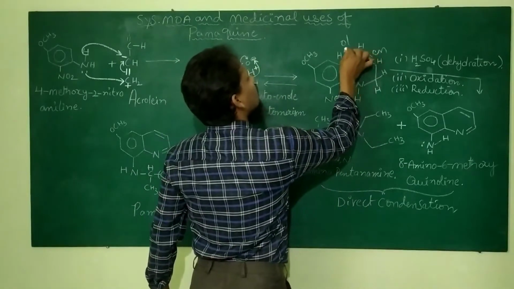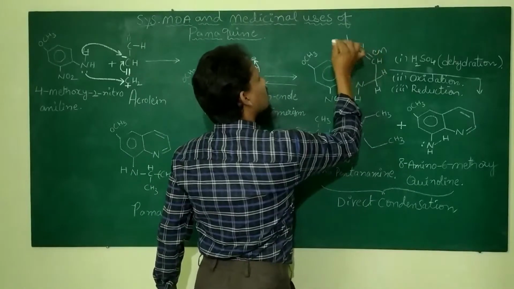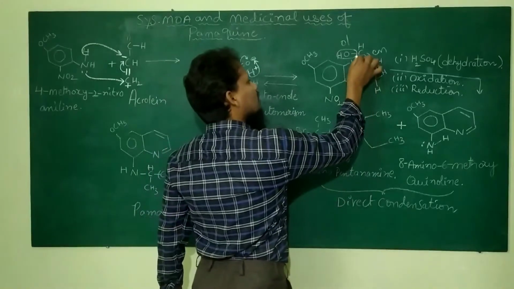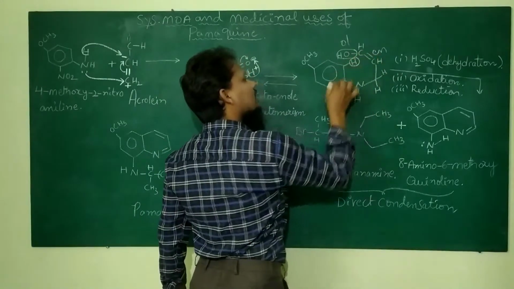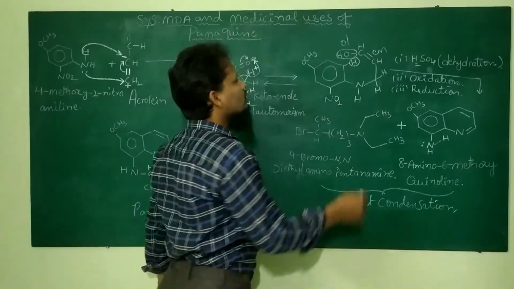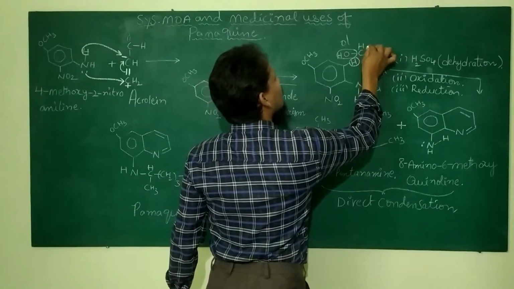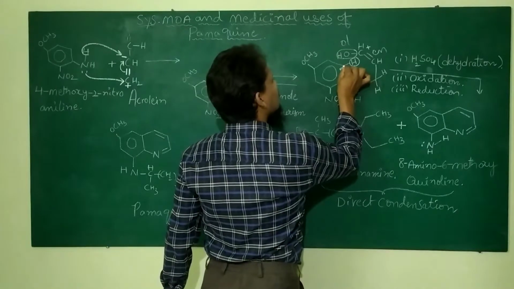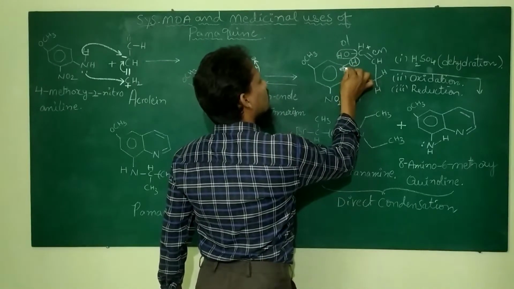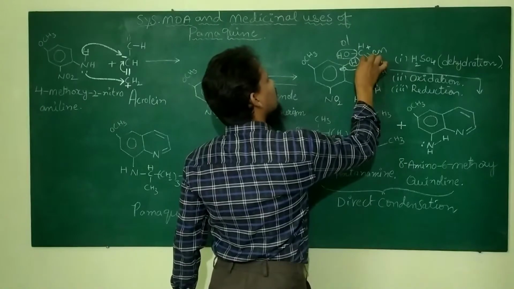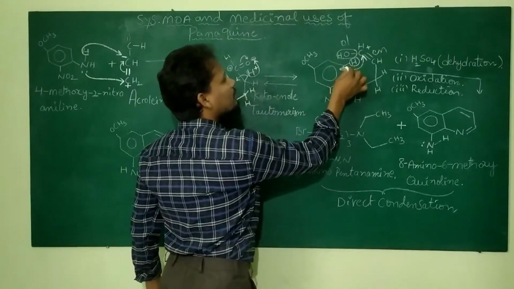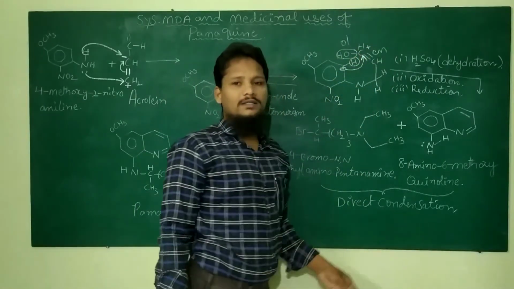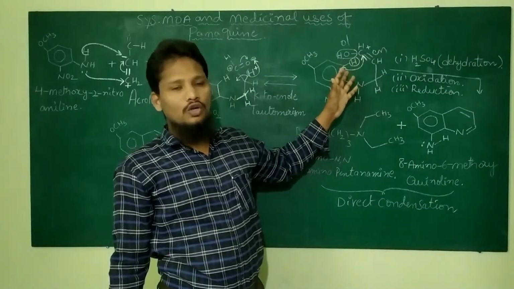From this enol, the hydroxyl group is eliminated, and from this aromatic ring, another hydrogen is eliminated. So the carbon gets the positive charge and here the carbon gets the negative charge. This electron rich carbon donates electrons to the electron deficient carbon. Thereby it is a ring closing reaction.